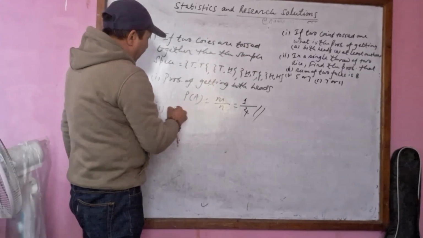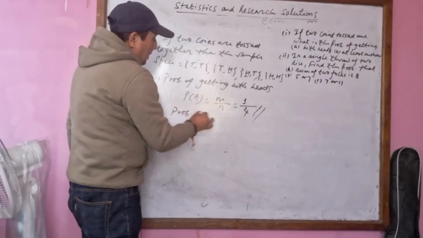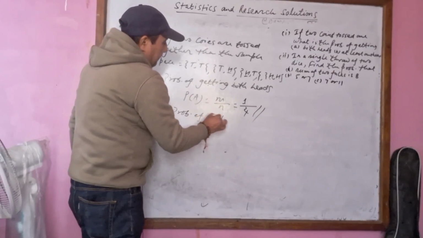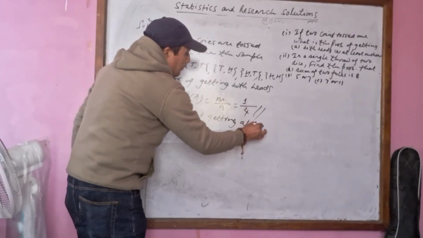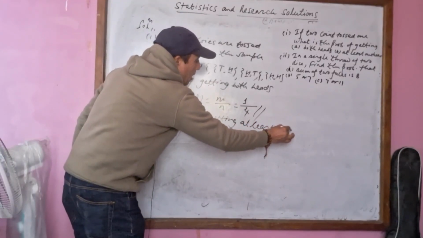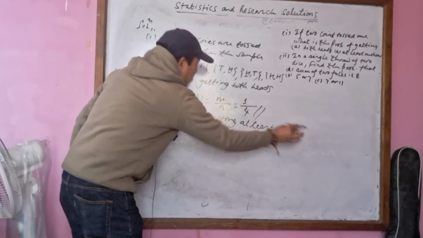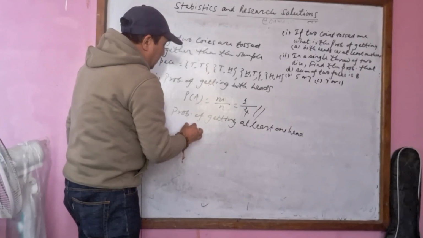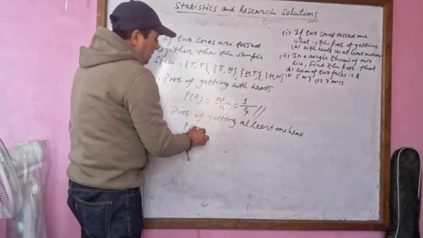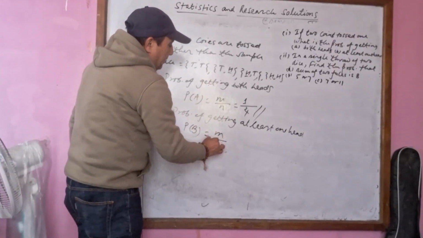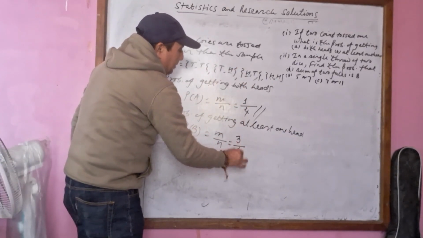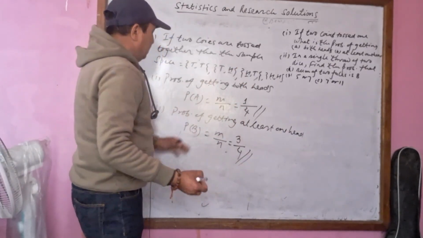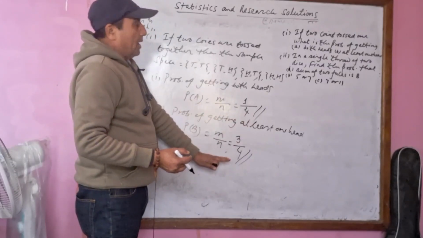So the probability of getting at least one head, the event is B, suppose. So P(B) is equal to m upon n, favorable number of cases 3 and total number of cases 4. So this is the probability of getting at least one head.